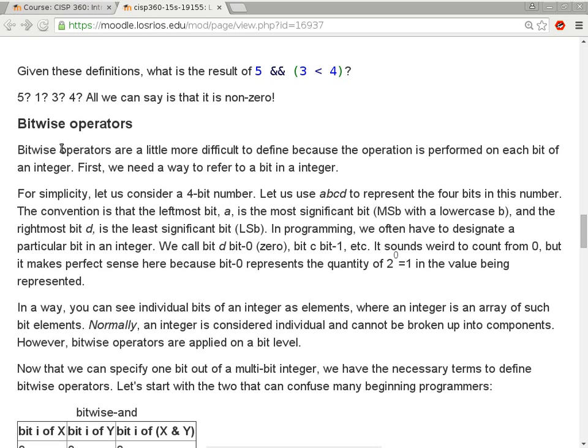So now we'll move on to bitwise operators. Bitwise operators are kind of a low-level thing, because most programming does not involve looking at an integer and breaking it up into individual bits. But in C and C++ programs, we have to do that quite often, because C in particular was a low-level programming language designed to write operating systems.